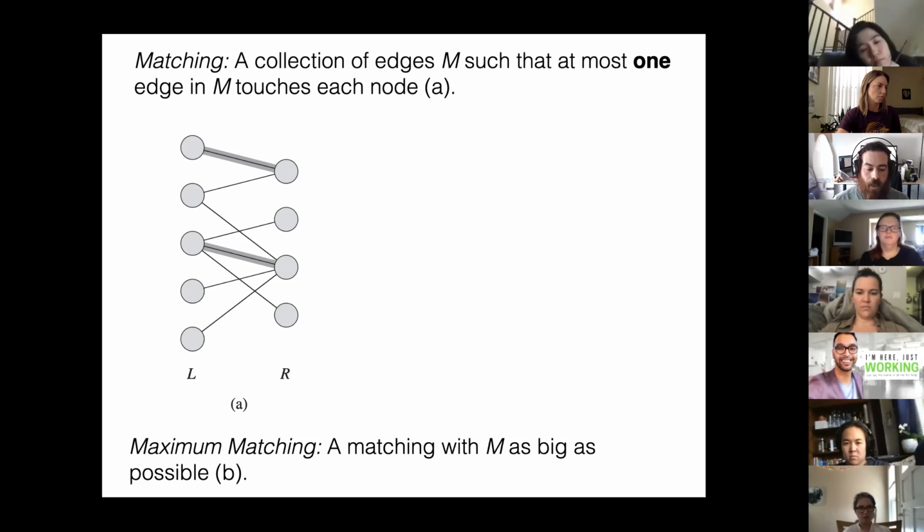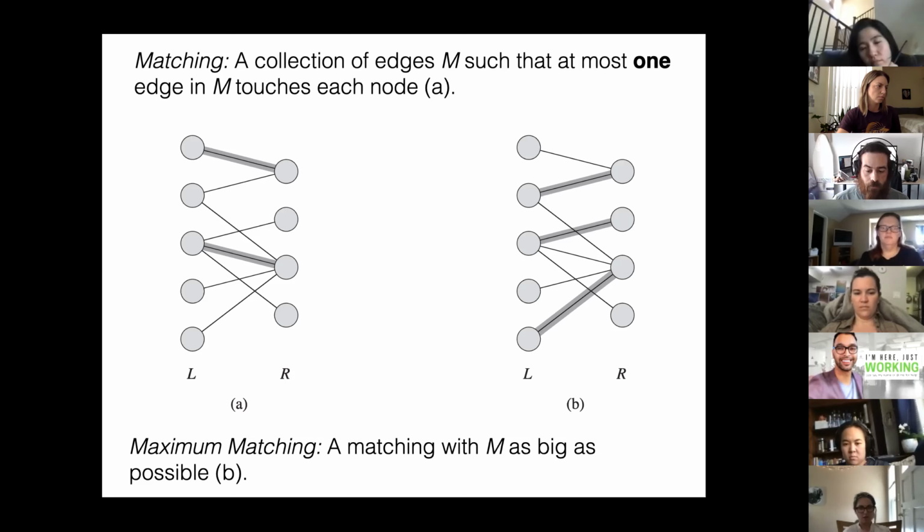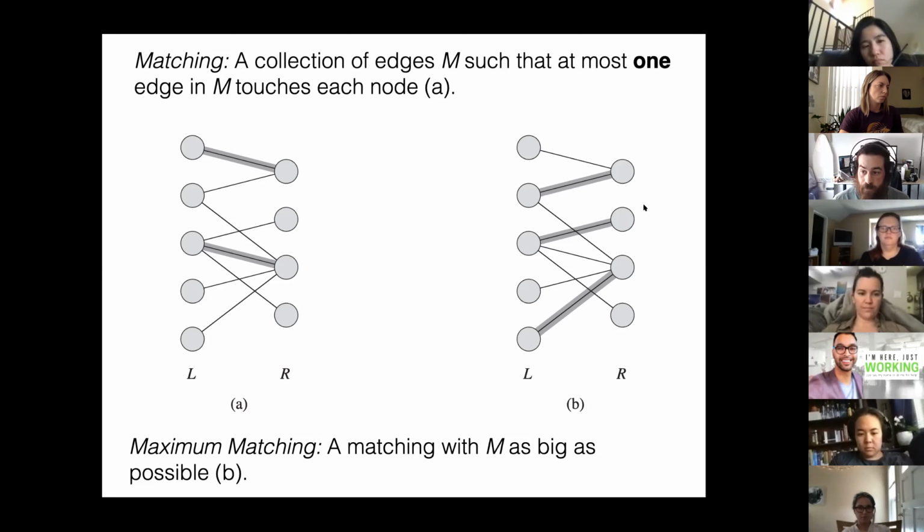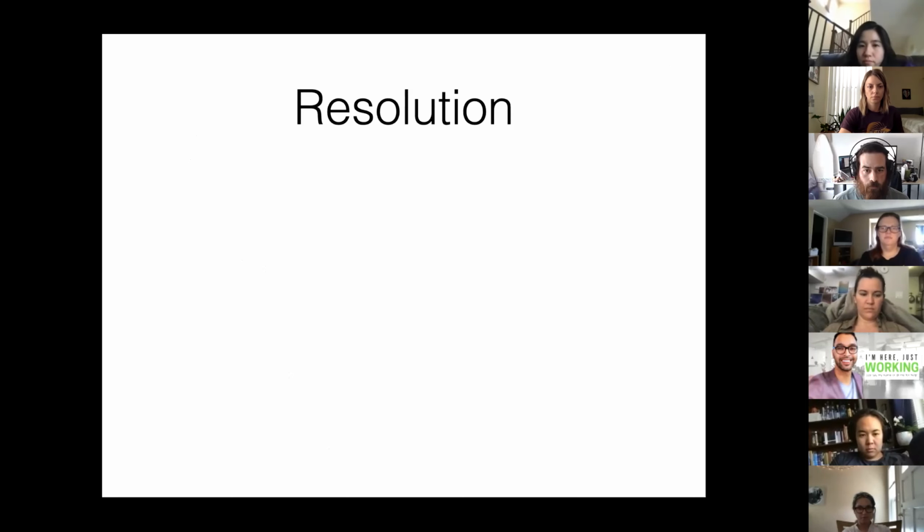And then a maximum matching has the set be as big as possible given the constraints. So if we're looking at this diagram right here, this sure is a matching, right? It doesn't assign anybody twice, but it's not the one that we would want because this matching is better. It assigns more internships.